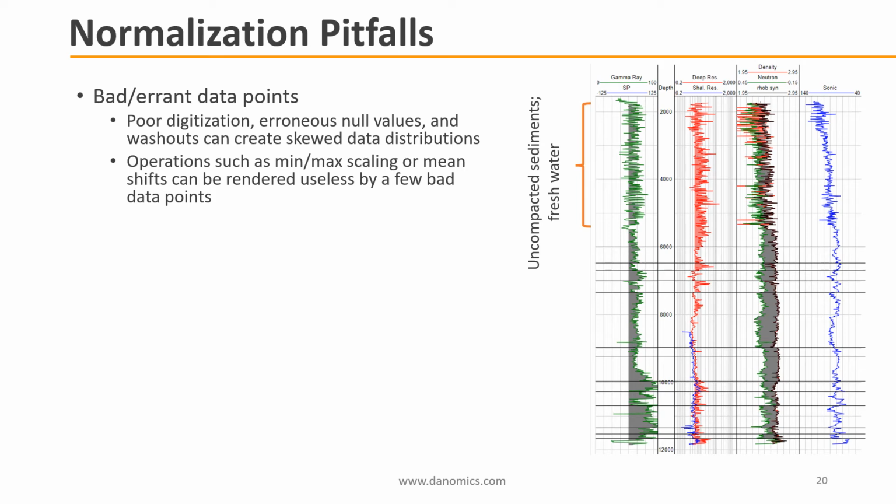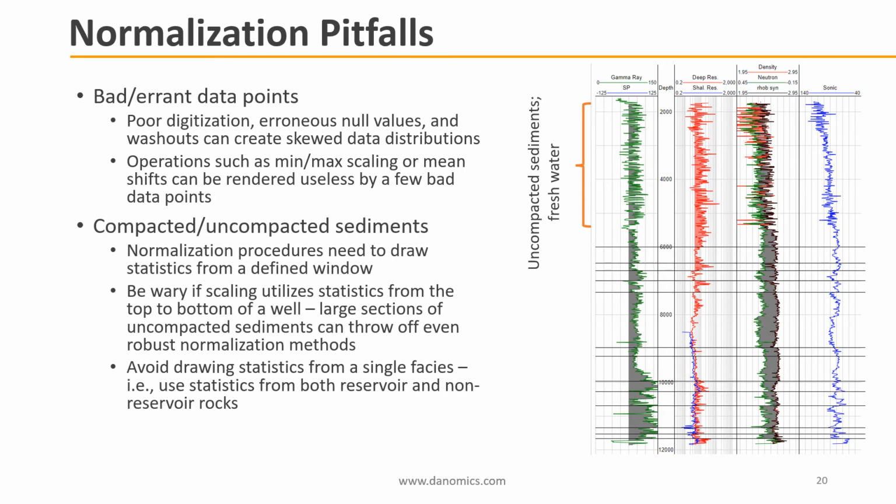That's why I never do a true min-max. I normalize based on some percentile. Remember that if you have some erroneous null values in there, or a poorly normalized point, that can also create some problems in normalization.